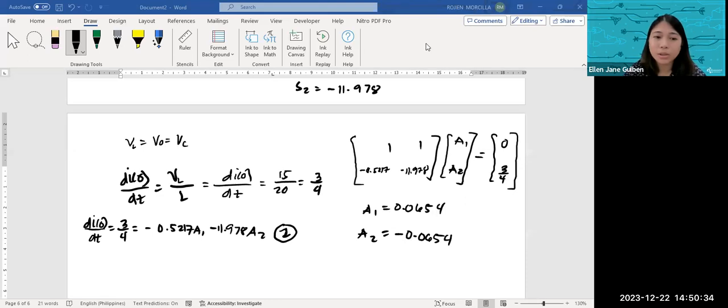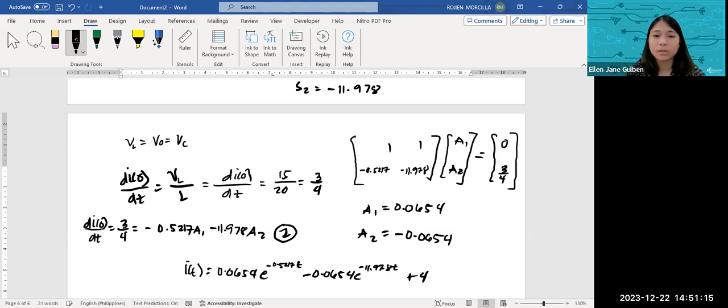Okay, so substituting that in our equation, I of t is equal to 0.0654 e to the negative 0.5217 t minus 0.0654 e to the negative 11.978 t plus 4.